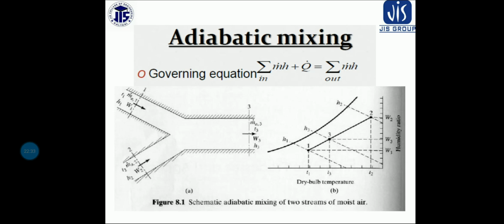You can see the mass M1 plus M2 is equal to M3, which is the conservation of mass, and M1 W1 plus M2 W2 is equal to M3 W3. So M1 H1 plus M2 H2 is equal to M3 H3. This is the condition. Mixing of several air streams is a process which is very frequently used in air conditioning.